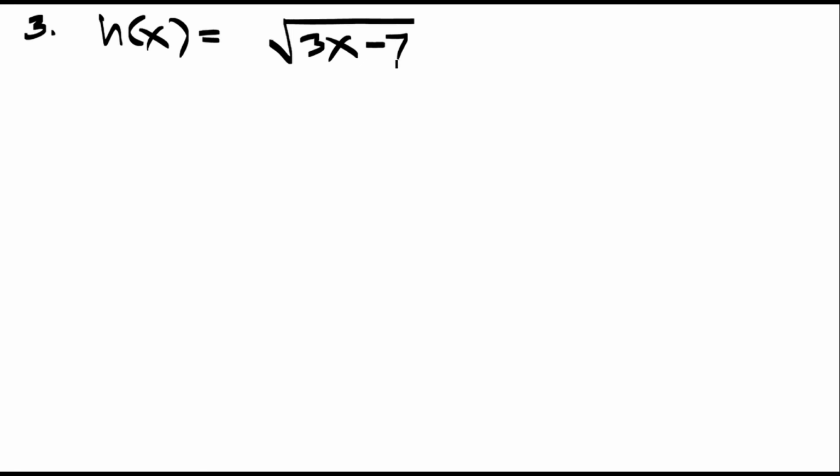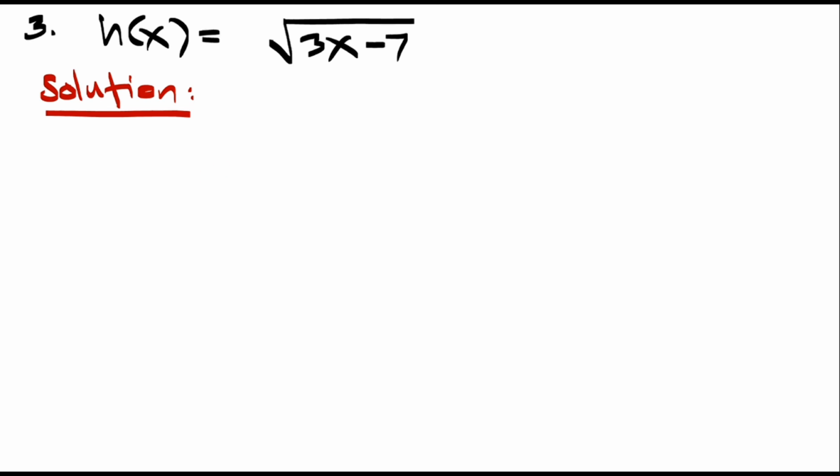So in the succeeding examples, we will not verify anymore. So let's say we have number 3, h of x, say this is equal to square root of 3x minus 7. So let us find the inverse of this function.